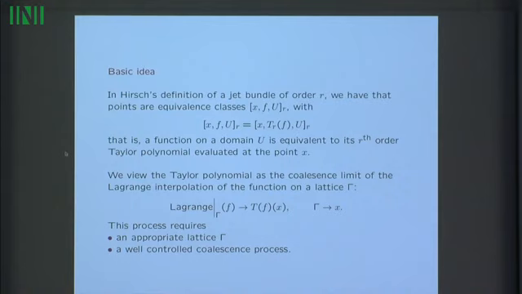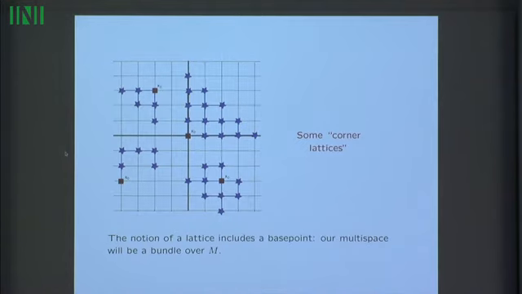So we view the Taylor polynomial as a coalescence limit of the Lagrange interpolation of a function on a lattice, and this process requires an appropriate lattice and a very well controlled coalescence process, because you can't coalesce on curves wrapping infinitely around a point. You know, it has to look good. So we take things that look like corner lattices.